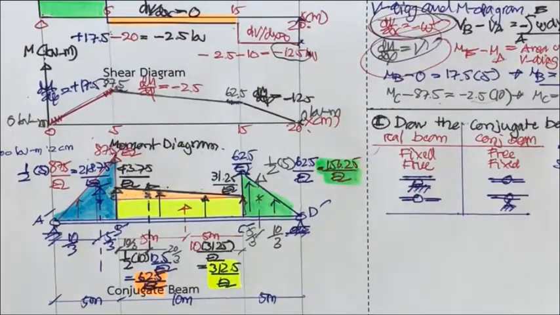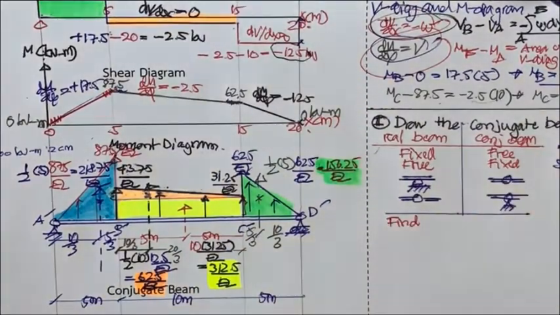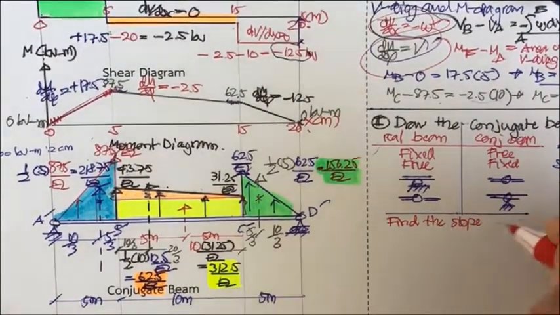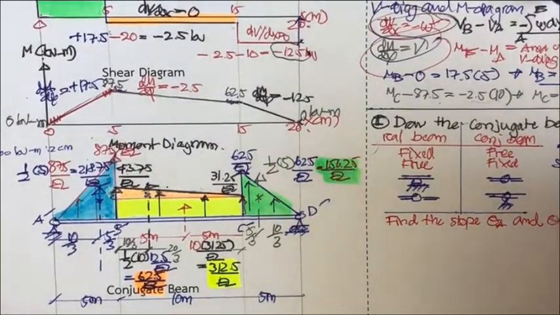So that is your conjugate beam, and now you are ready to determine the slope. Find the slope theta A, and let me add theta B also.